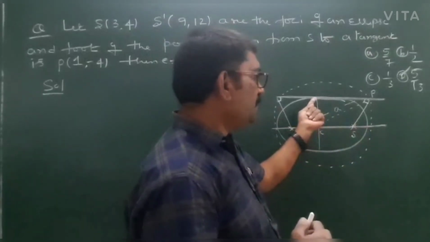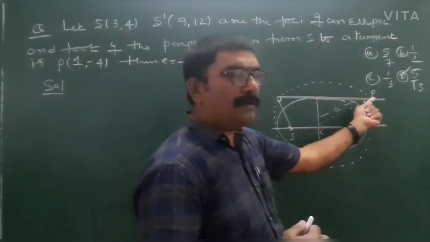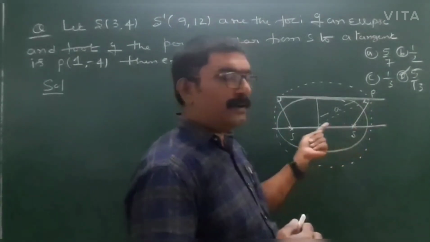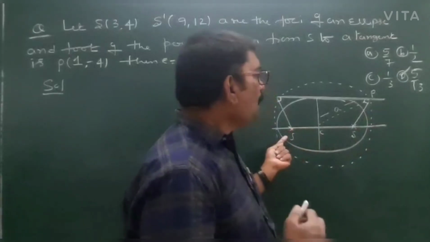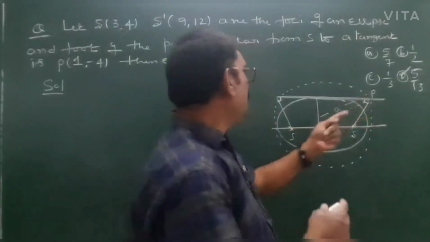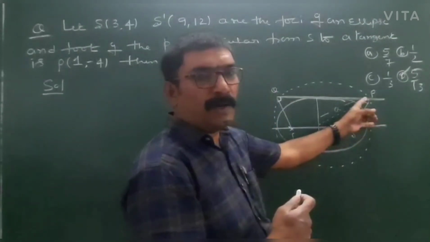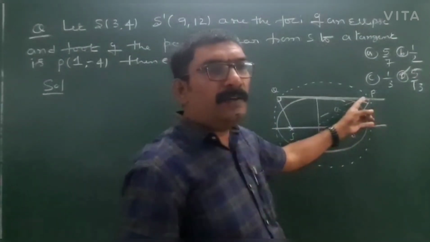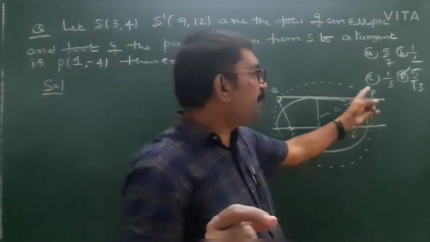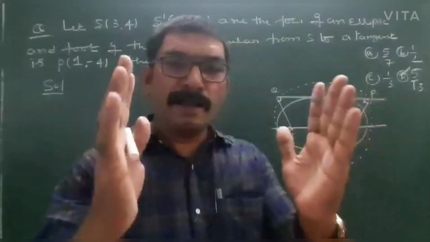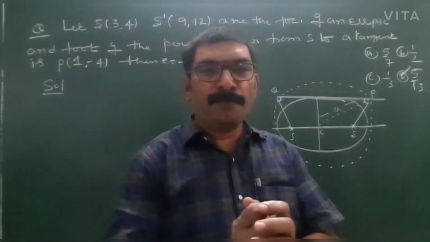For this tangent, P is the foot of the perpendicular from a focus, that is S or S dash. Now we have to locate where the point P lies.